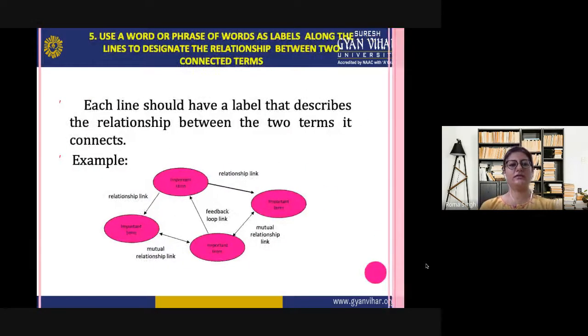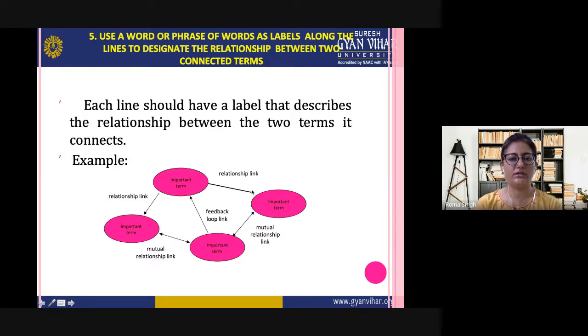Then the next phase is to use a word or phrase as a label when we are connecting. Certain phrases are used to designate the relationship between the two connected terms. Each line should have a label that describes the relationship between the two terms. For example, here we can see that we have put important terms in certain circles.